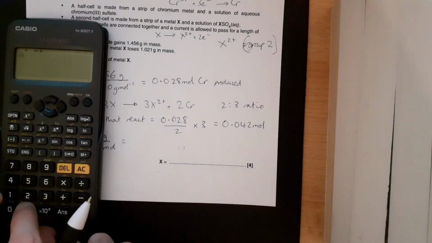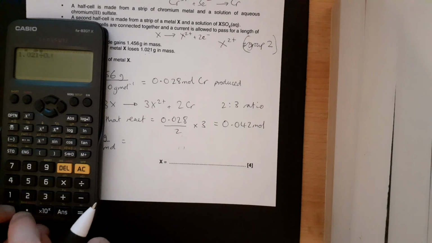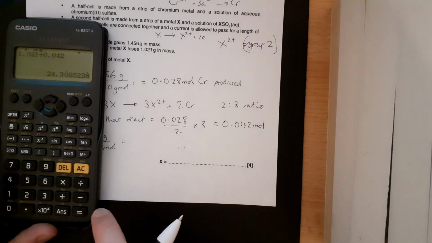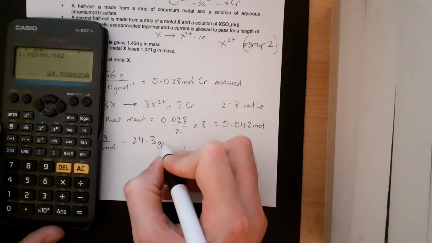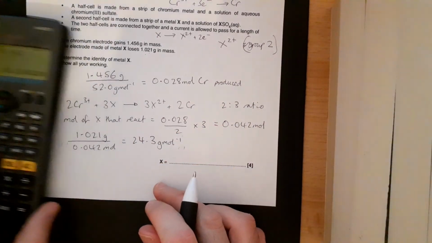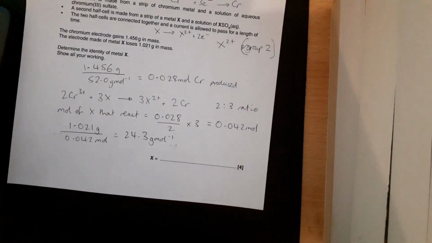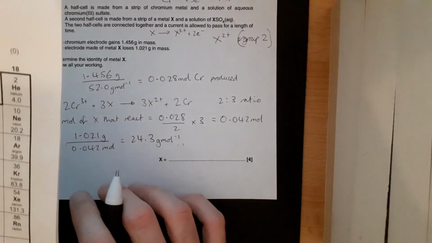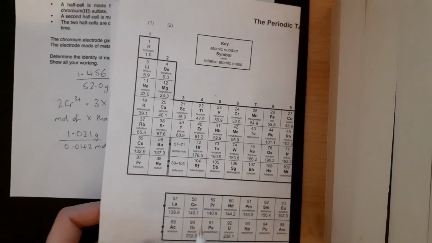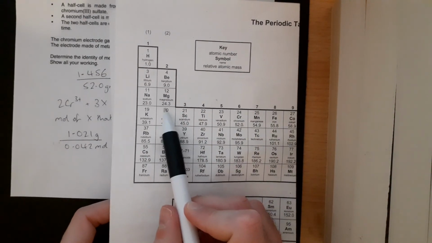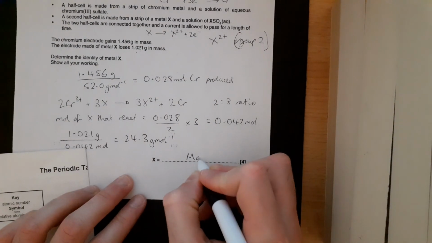So if we do 1.021 divided by 0.042, we get 24.3. So we're looking for something with a mass of 24.3, and it's probably from group 2, so that matches up nicely with magnesium. Okay, it's 24.3 and it's group 2. So X must be magnesium.